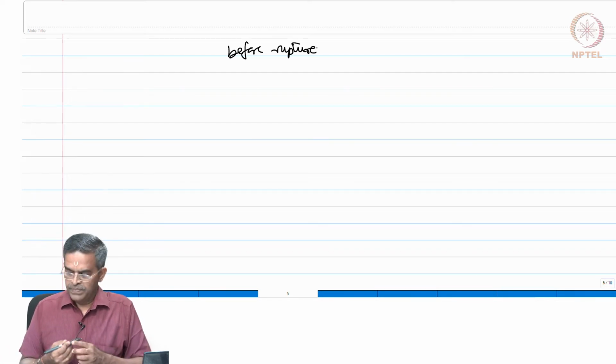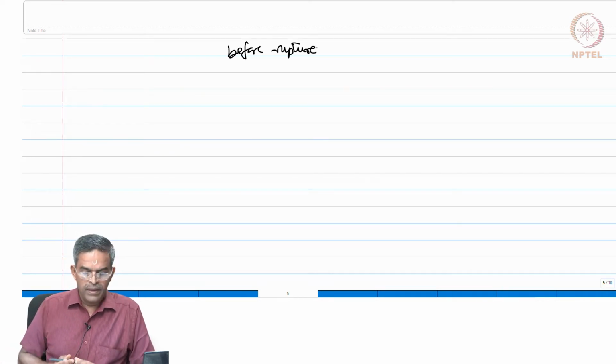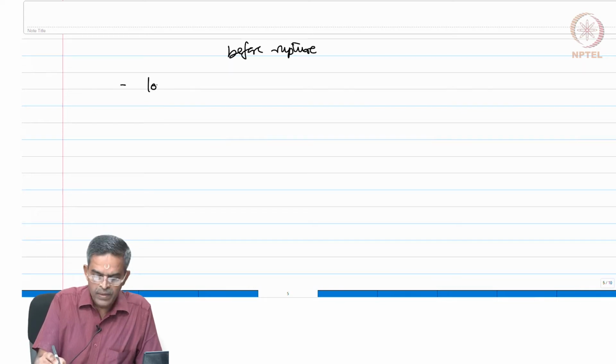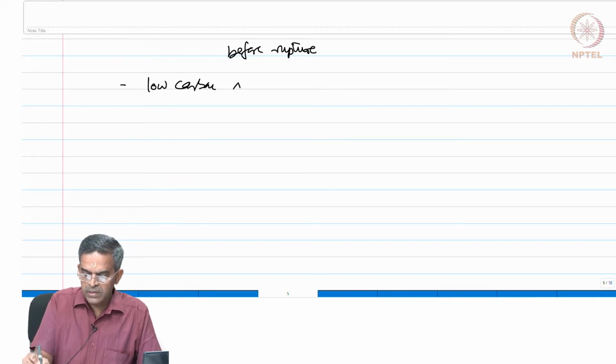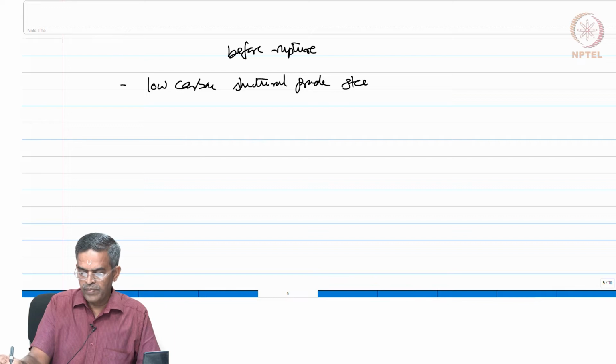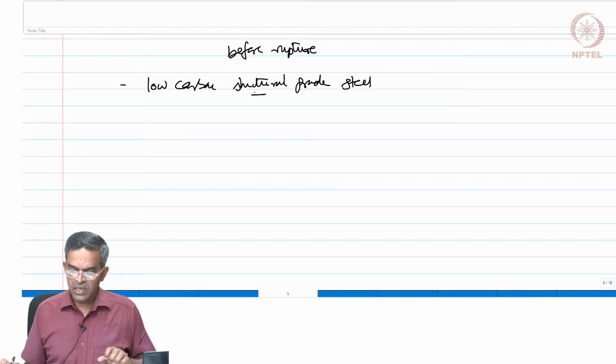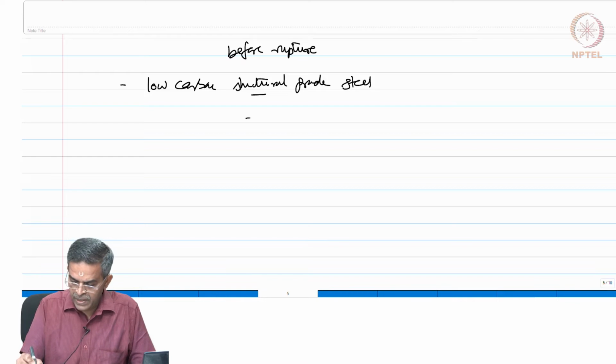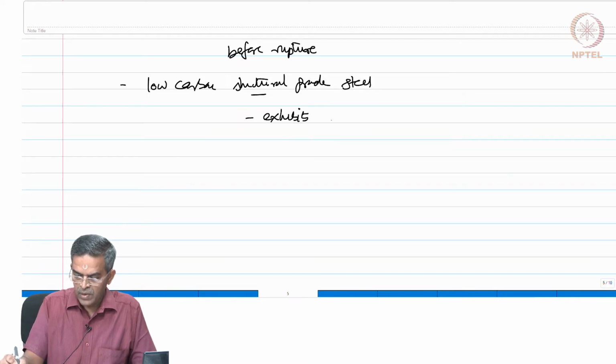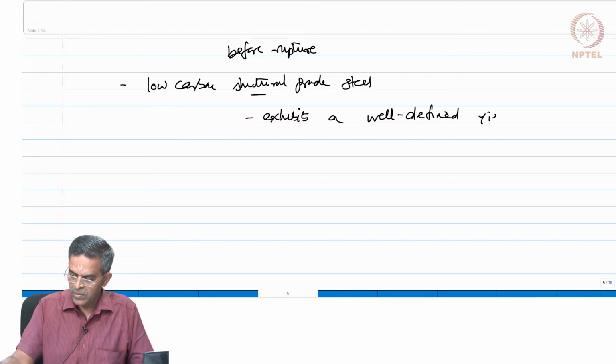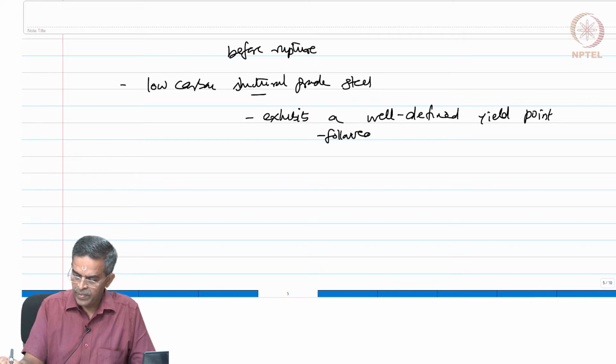Having said this, let us say, look at specifically a low carbon structural grade steel. A low carbon structural grade steel exhibits a well defined yield point which is followed by a flat yield plateau.